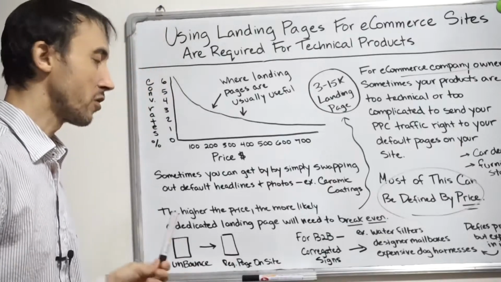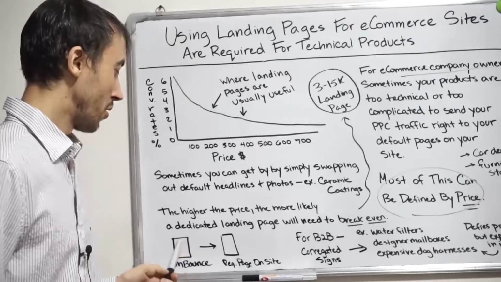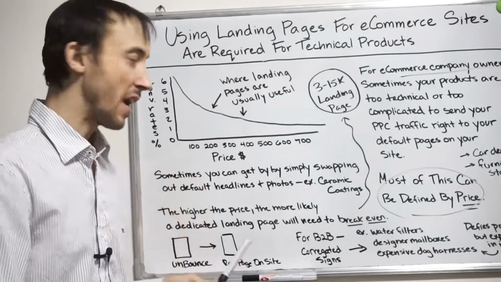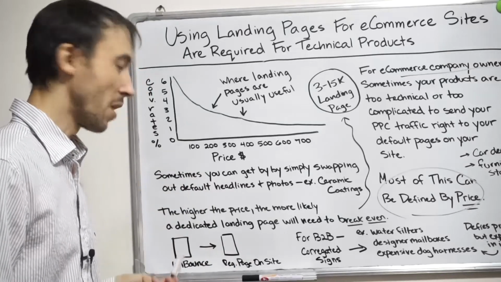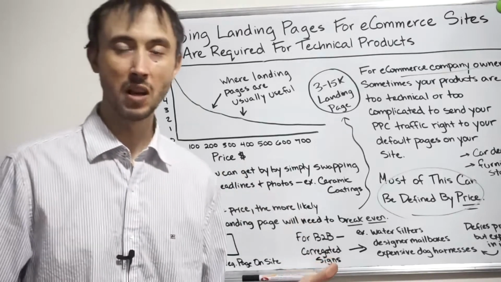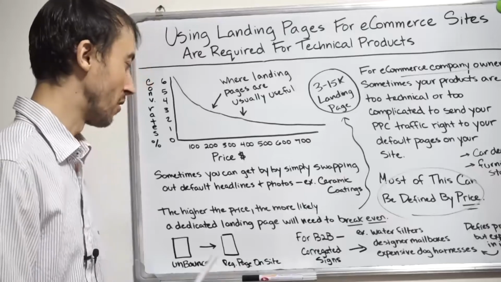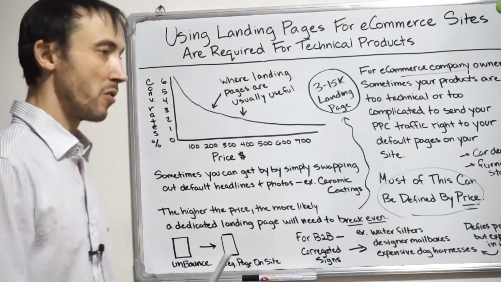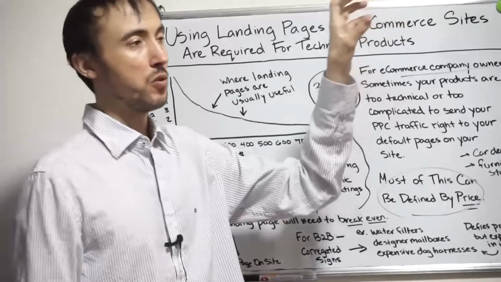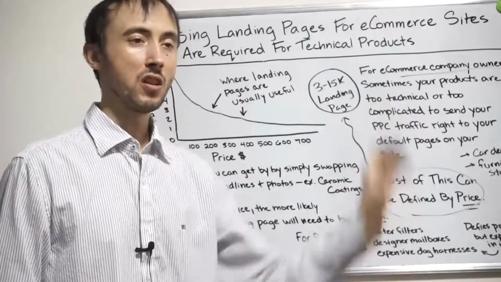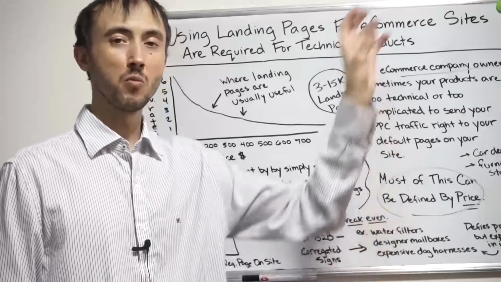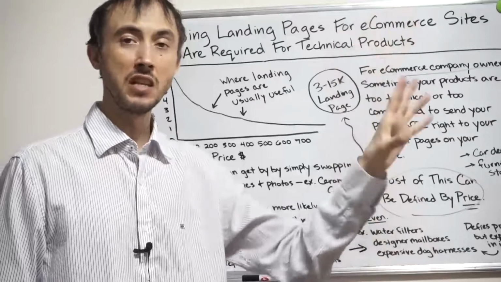So anyway, just to rehash this, instead of sending them to your site, you send them to a page that you make like Unbounce or whatever, or LeadFunnel or LeadPages, and then you take them through a demonstration of the product from start to finish and what is cool or neat or needed about this product.